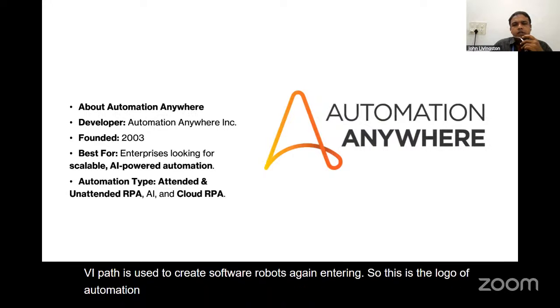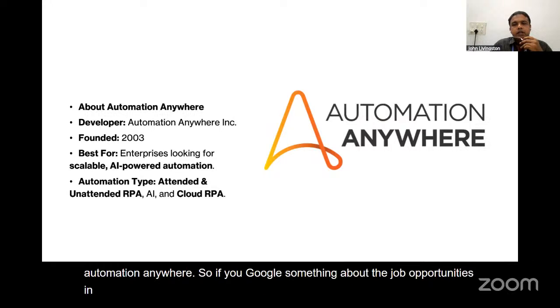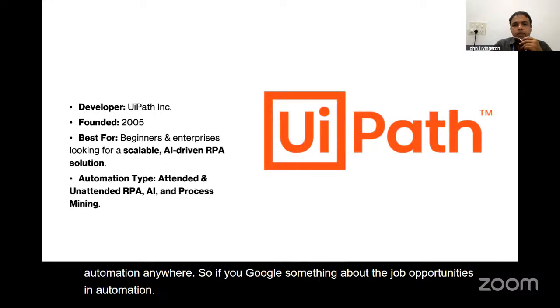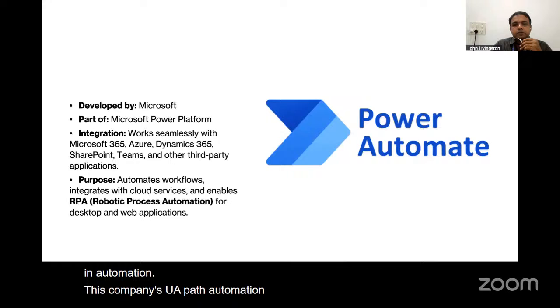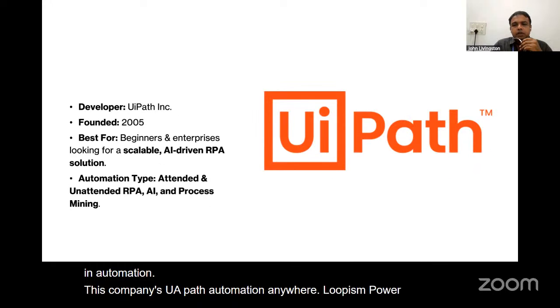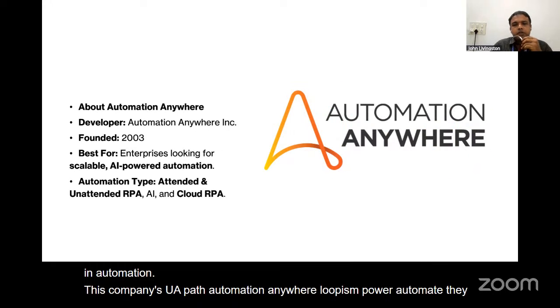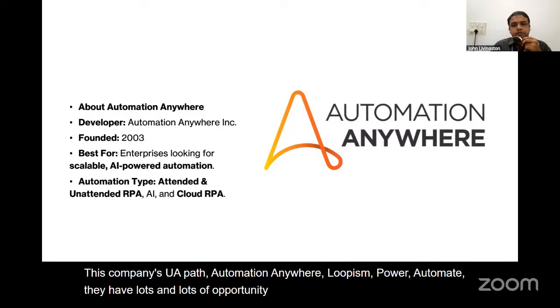So this is the logo of Automation Anywhere. If you Google the job opportunities in automation, these companies, UiPath, Automation Anywhere, Blue Prism, Power Automate, have lots and lots of opportunities for freelancers.